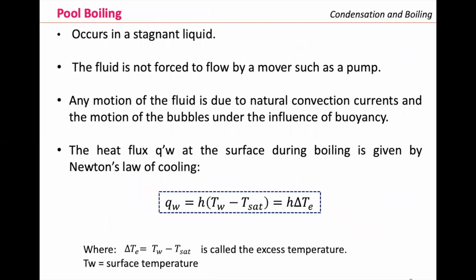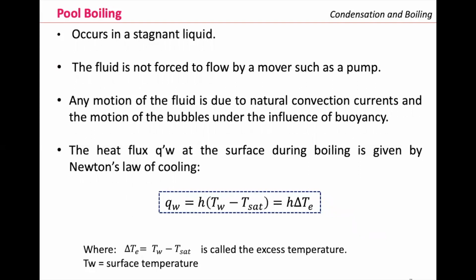So important term, the pool boiling. And this pool boiling occurs in a stagnant liquid. That's important to mention. The fluid is not forced to flow by a mover such as a pump. So any motion of the fluid is due to natural convection currents and the motion of the bubbles under the influence of buoyancy.